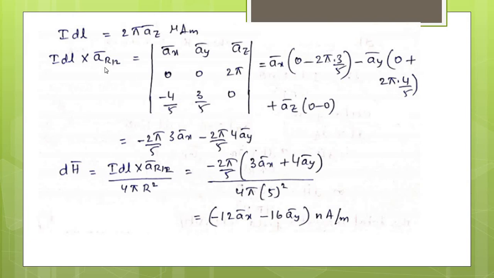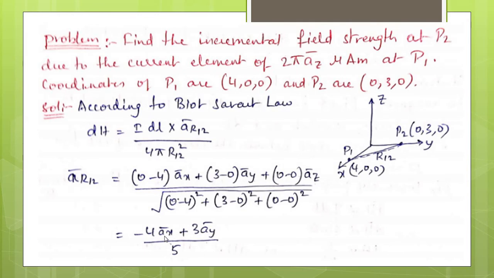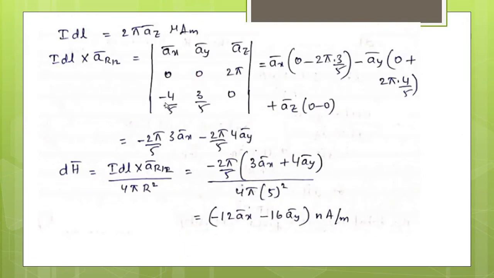Now for aR12, from the previous step we have the aX and aY components but no aZ component. The aX component is minus 4 by 5 and the aY component is 3 by 5. We write the same in the third row: minus 4 by 5, 3 by 5, and 0 in place of the aZ component.